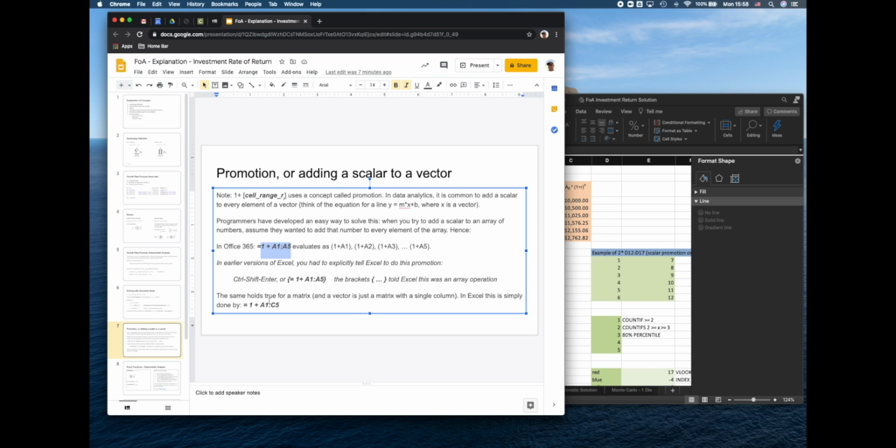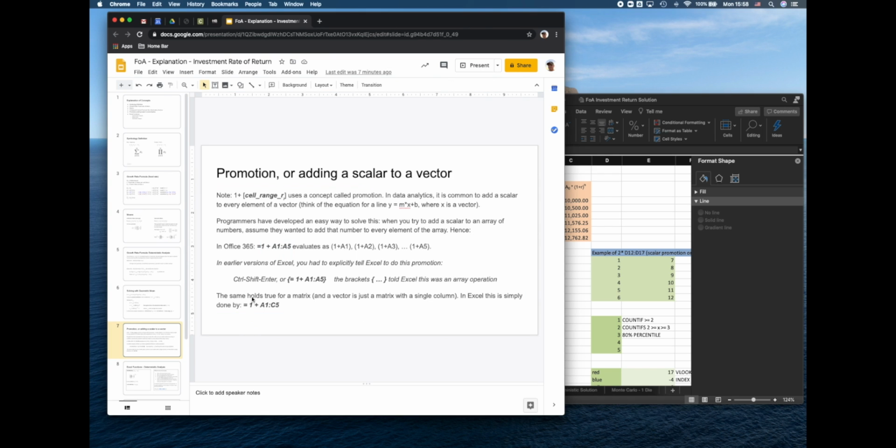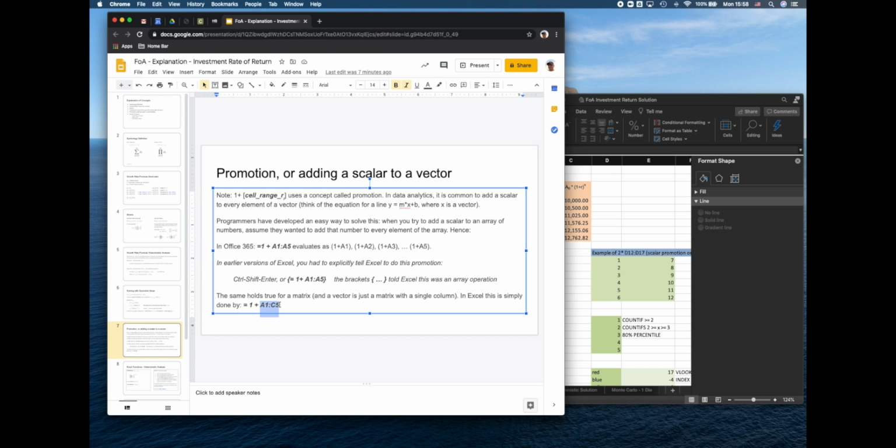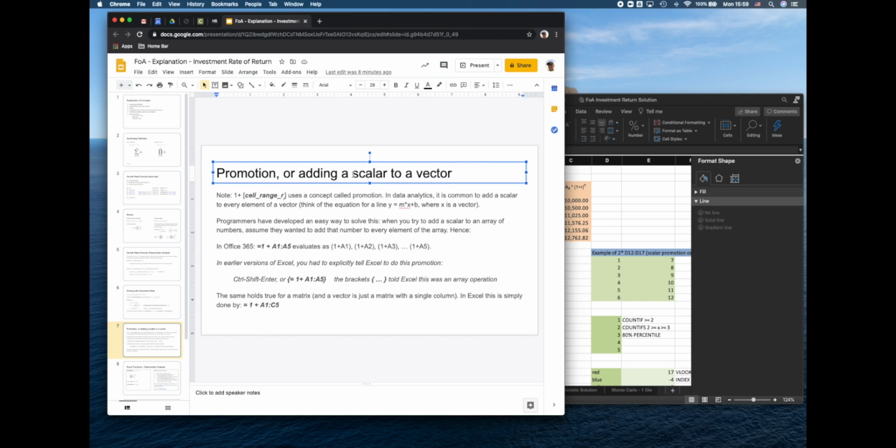And incidentally, for those who are interested, the same holds true for a matrix. You can actually do not just a column, but an entire range of cells, columns and rows, and have that promotion. Incidentally, it's not just addition of a scalar. You can also do multiplication of a scalar. And we're going to look at that here next.